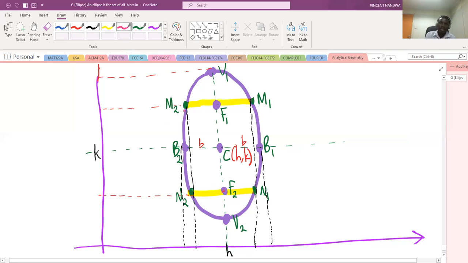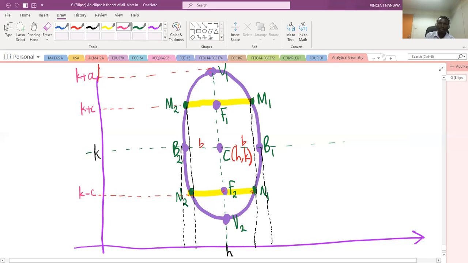Because we know that distance from C to F1 is c units, then this must be k plus c. And distance from the center to the vertex is a units, so this must be k plus a. Distance from C to F2 is c units, so this must be k minus c.